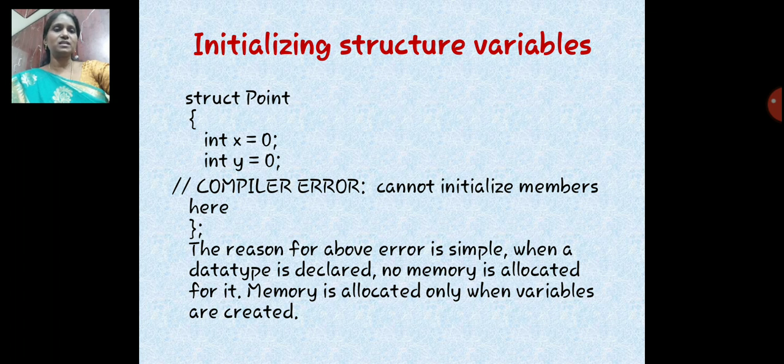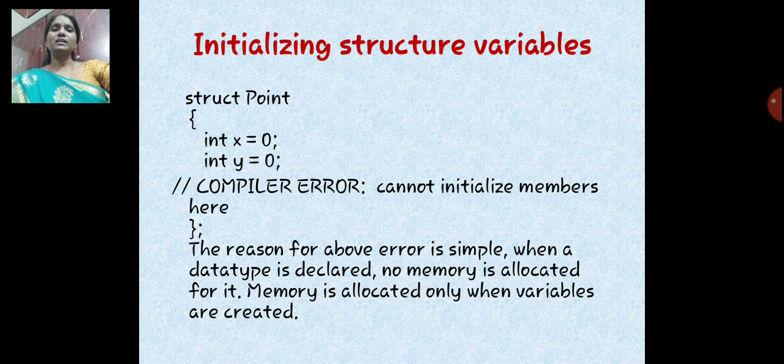The reason is that only when we create a variable can we initialize it. But in structures, we are not creating variables, we are just declaring variables, right? Whenever a variable is created, only then will the memory space be allocated, and only after the memory space is allocated can we put values inside the variable.